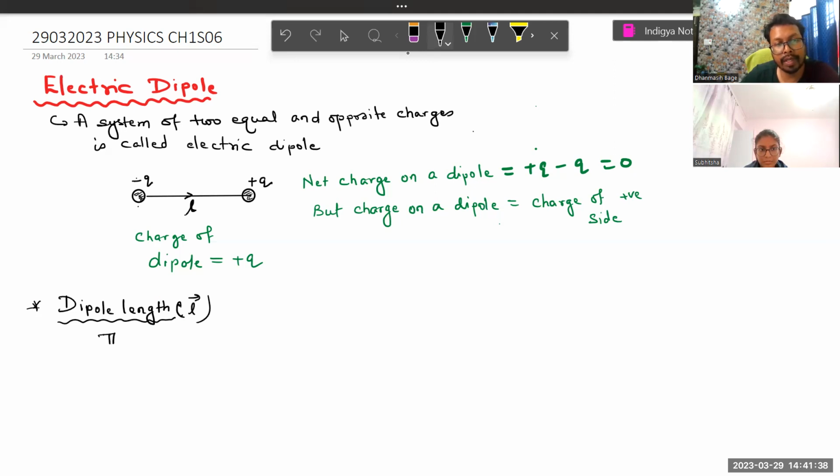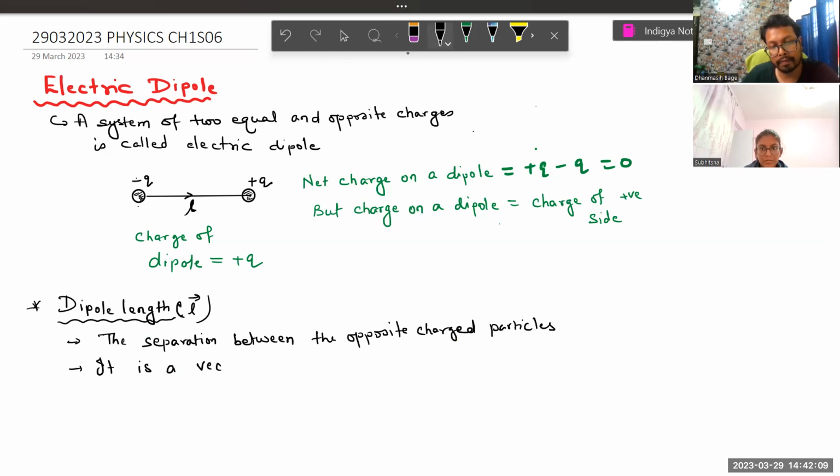It is a vector quantity. Its direction is given from negative to positive side.